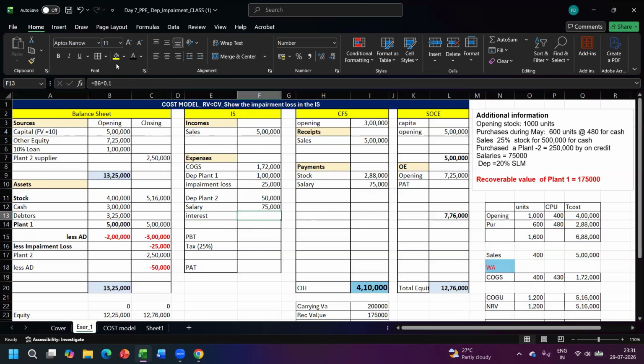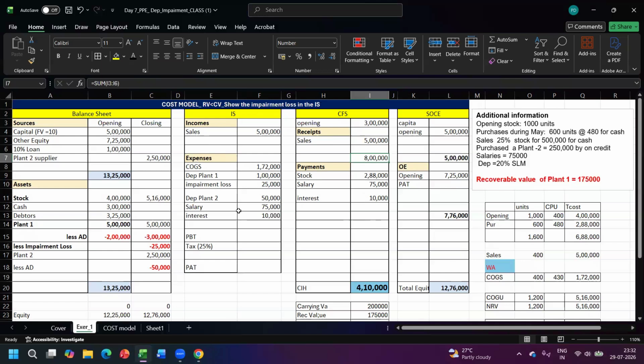As per the matching principle and the accrual principle, you're bound to show the interest for the period, whether paid or not. Here, because we have sufficient cash, we have decided to make the payment, even if the information given is silent on that.